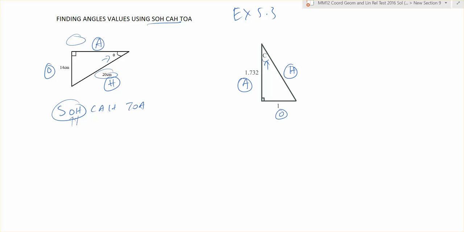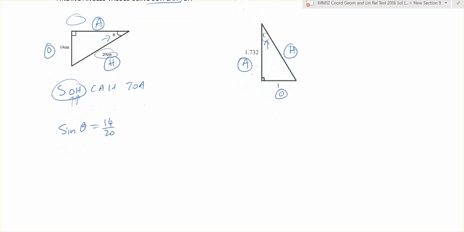So let's formulate our relationship. Sine of the angle, we don't know what the angle is, it's just theta, equals opposite divided by hypotenuse. Now, I've got sine of theta equals, that's essentially a number, 14 divided by 20.